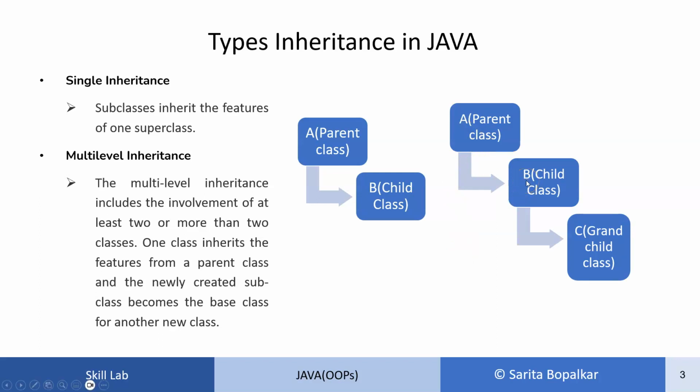This class B is derived from class A, which means class B extends class A. Now for this class C, class B becomes the superclass, which means class C extends class B. So class C is derived from class B, and it can acquire all the methods and properties of class B and class A also. This is called multi-level inheritance.